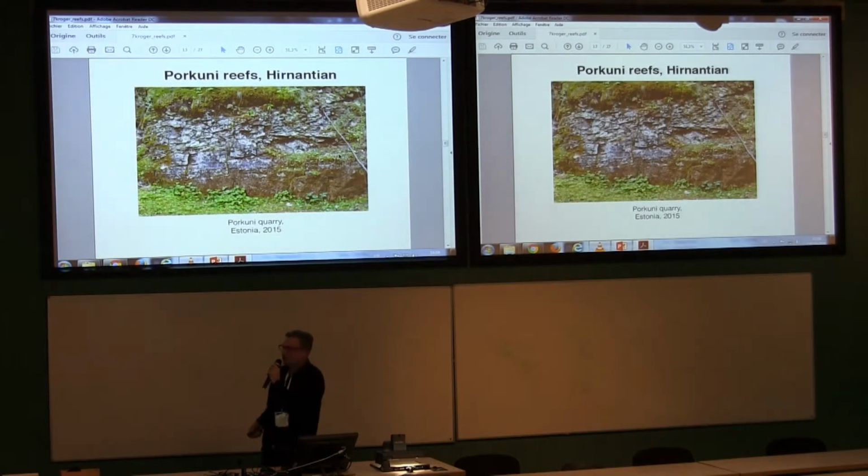And the Porkuni reef, I like this outcrop very much, although it doesn't look very nice in the picture. The fossils that you can find in the area are pristine, but in these reefs you don't see much when you're in the outcrop, and they look like mudstone, like there's nothing to see.